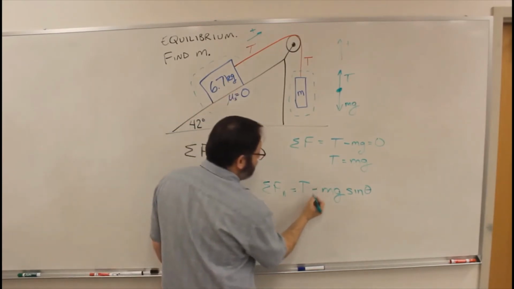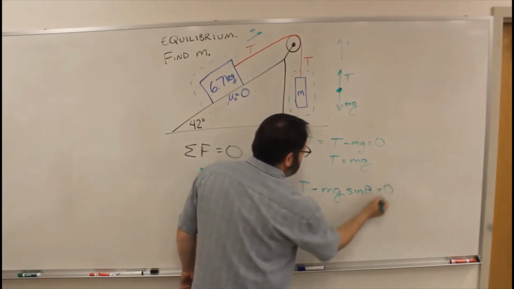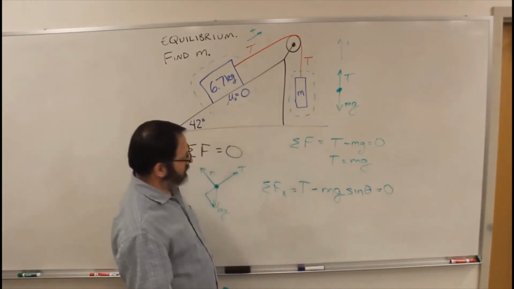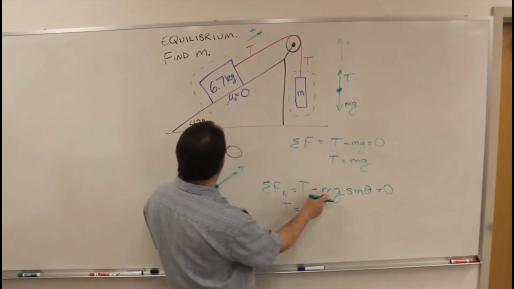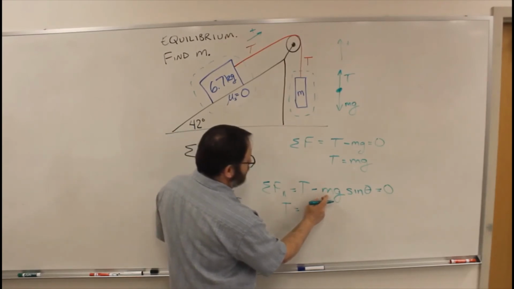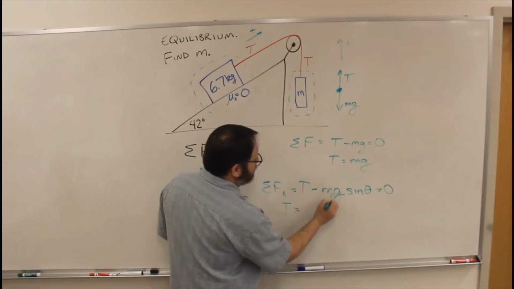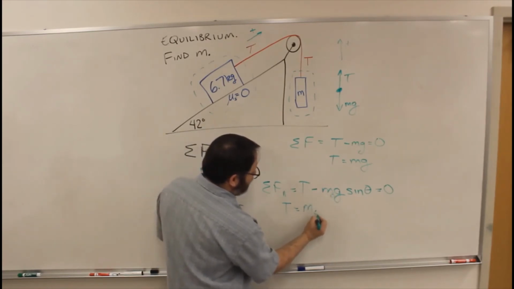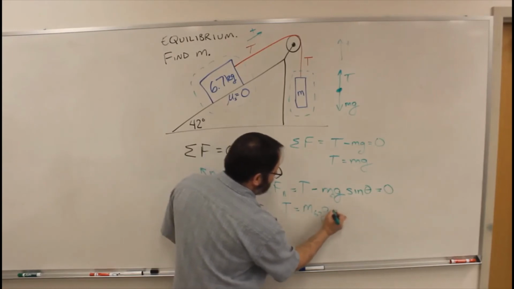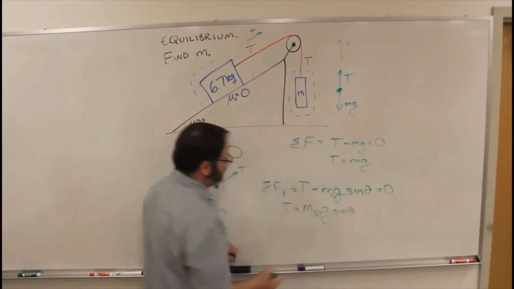So T minus mg sine theta has to be equal to 0. So that means T is, now this M, maybe I should give it a different name. M 6.7, so M 6.7 g sine theta.